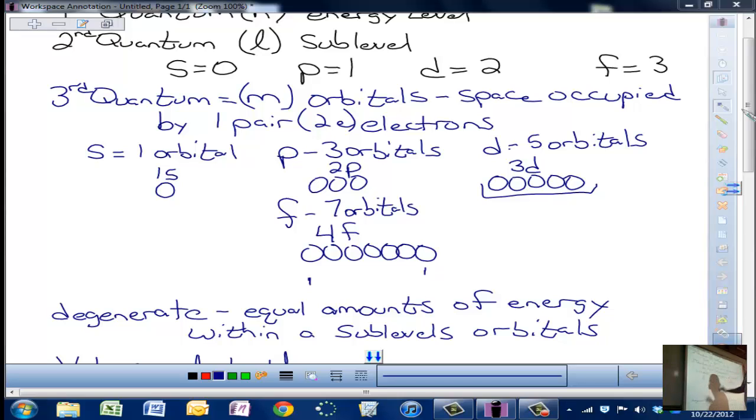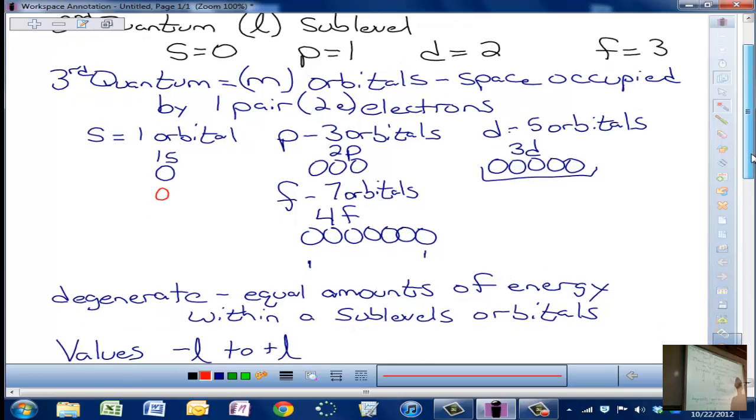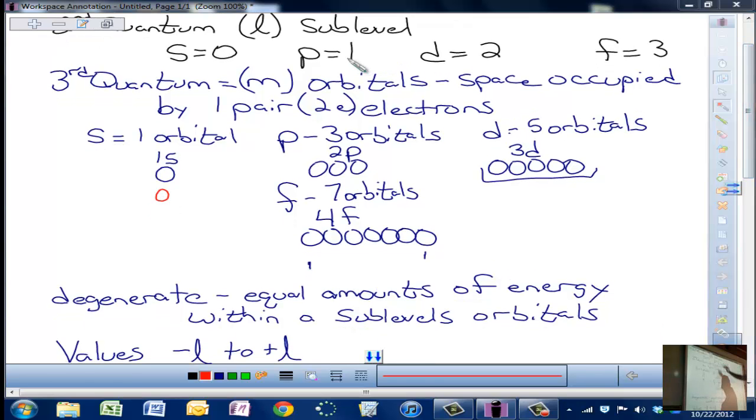So the value of this right here is 0. Now, the value of P was 1, and we're saying negative 1 to positive 1. The one on the far left is going to be negative 1, the one on the far right is going to be positive 1, and the one in the middle is going to be 0.